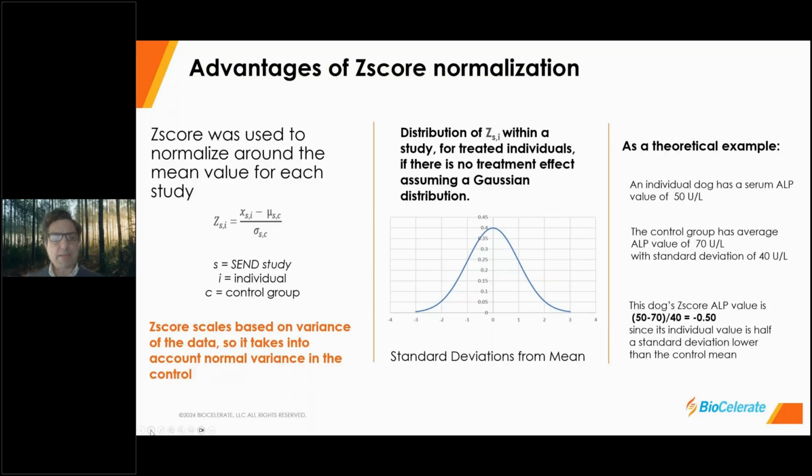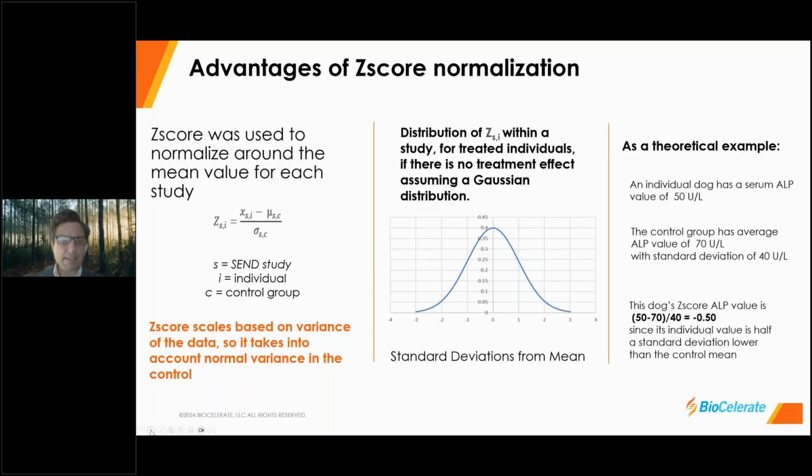Then dividing it by the standard deviation of the control changes the magnitude of the variation. So in effect, we are converting the individual measurements from the variations that they have into being the number of standard deviations away from the control's mean.